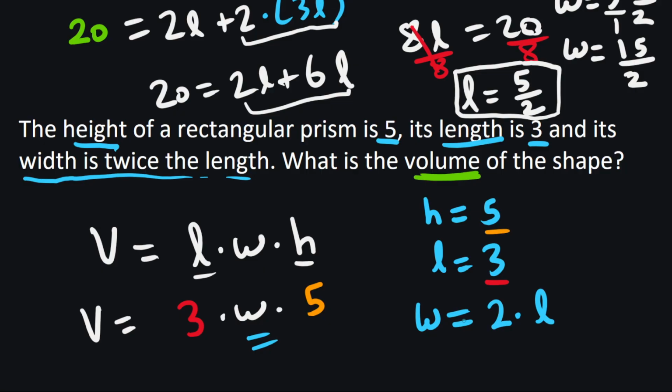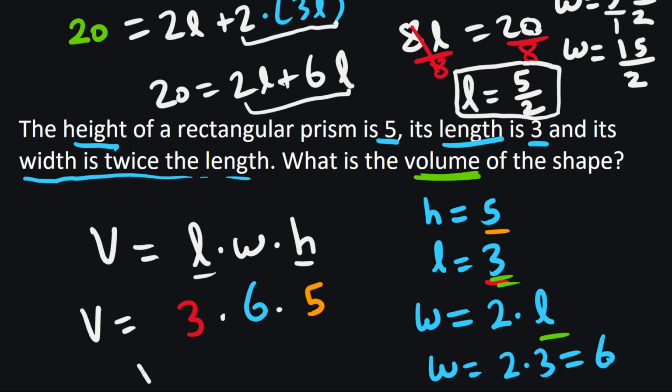W is just 2 times L. And what did we say L was? L was 3. So in other words, W is 2 times 3, if we substitute L for 3. And what's 2 times 3? That is 6. So our W is actually 6. So we can go ahead and substitute that with 6.